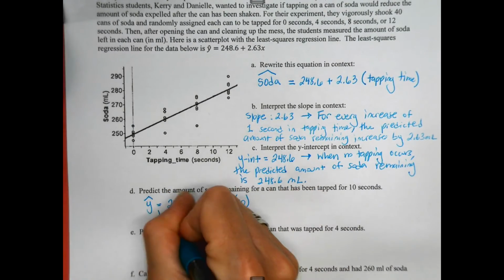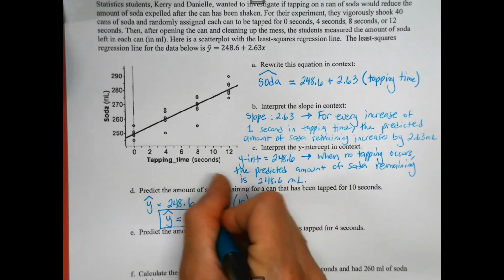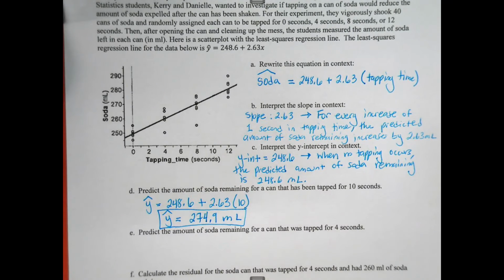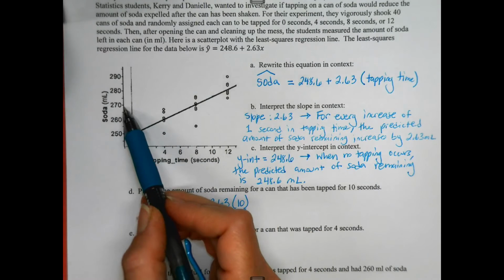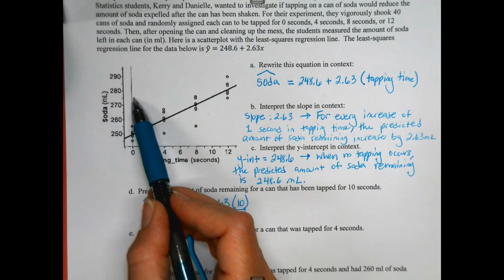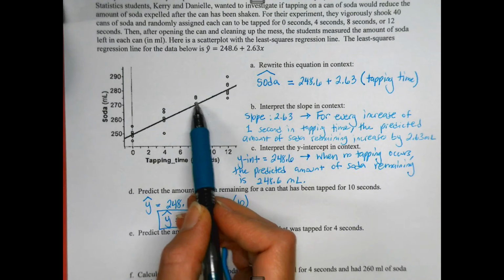So it is predicted that if we tap our can for 10 seconds, we will have 274.9 milliliters remaining. And that was approximately, we said, 275-ish. That's about what it was.